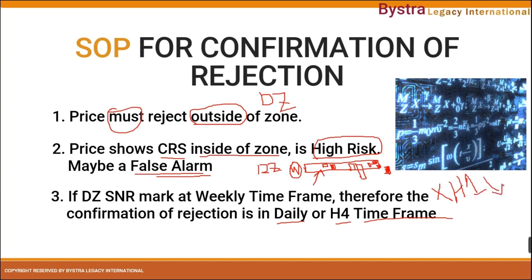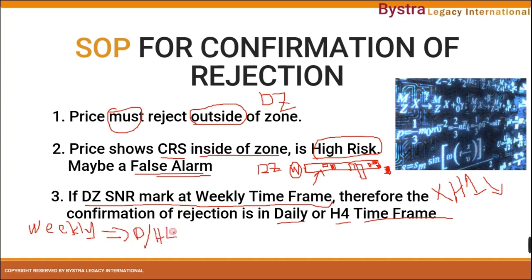No, we do not want H1 and below. We only want the daily or the H4 time frame if you mark the danger zone at the weekly time frame. So for weekly, you can check the confirmation at two time frames below, which is the daily or the H4.